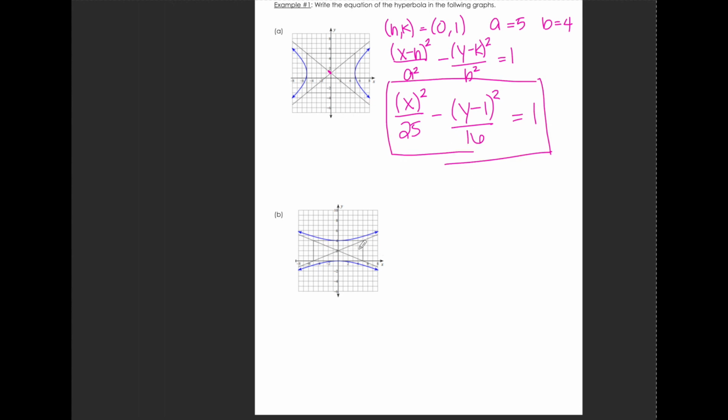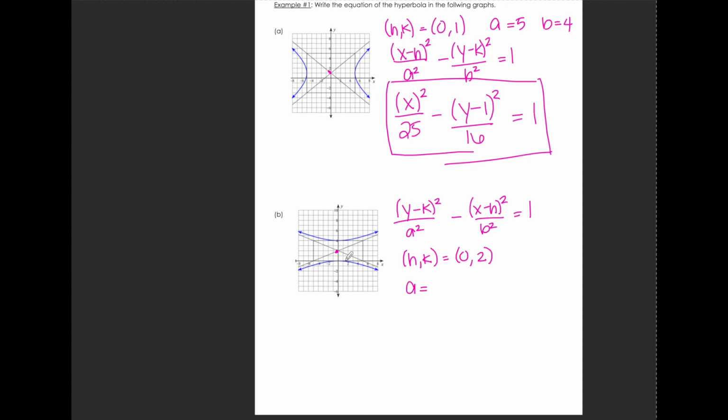Number 2. This hyperbola is opening up and down, so I know that this is going to be a y type. So I'm going to have to fill in y minus k squared over a squared minus x minus h squared over b squared equal to 1. I can see that the center of this hyperbola is 0, 2. And since this hyperbola is opening up and down, my a value is going to be how many ever units up and how many ever units down that it takes to get to each of these vertices.